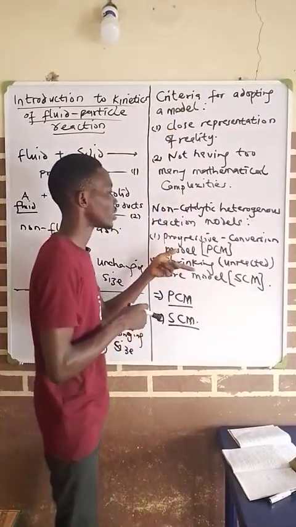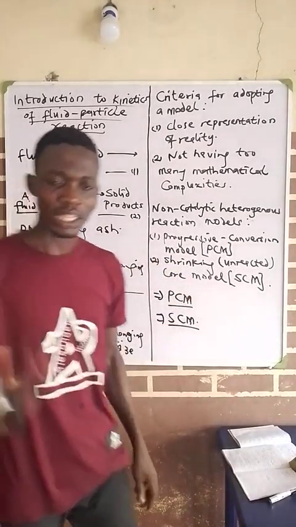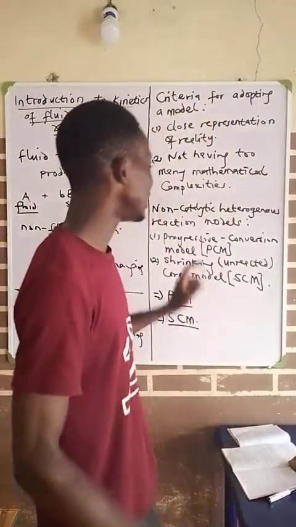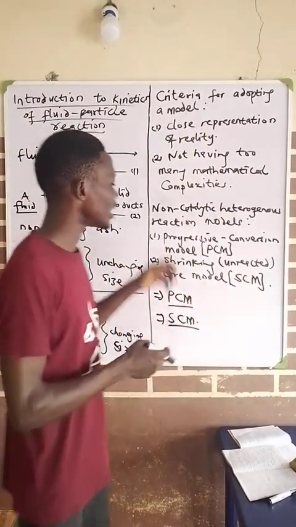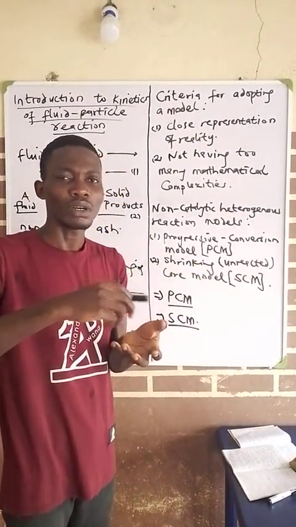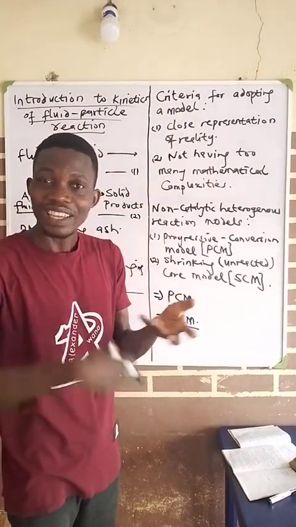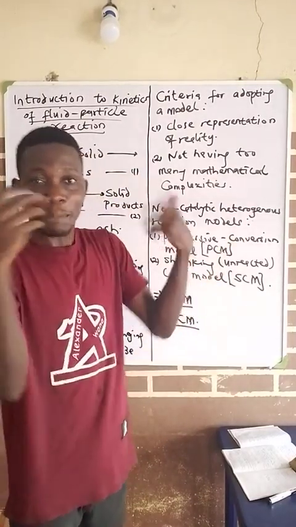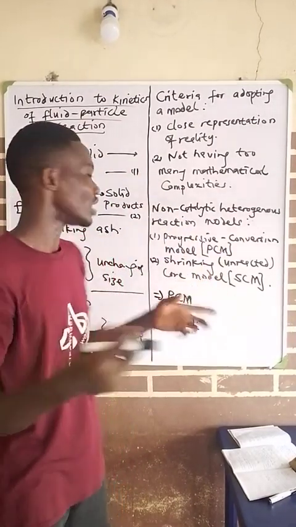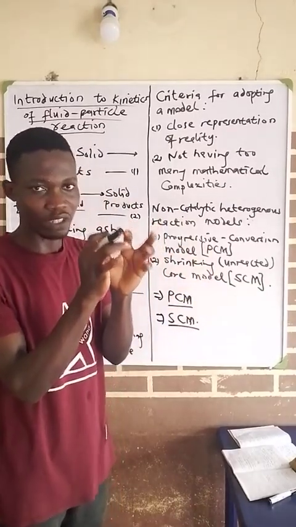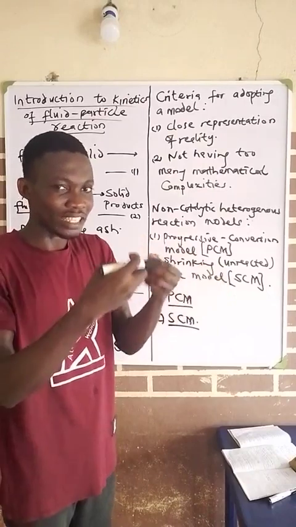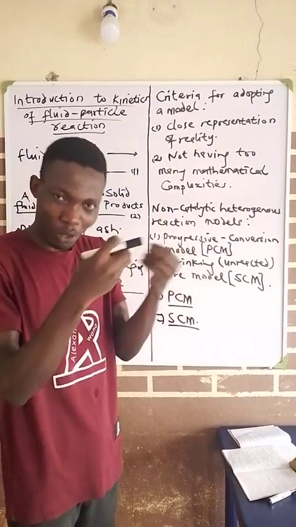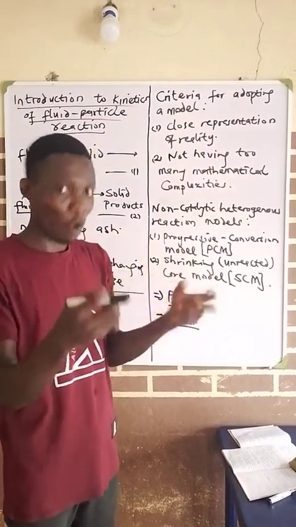How does shrinking unreacted core represent reality? In the burning of coal, you will notice that fire is a chemical reaction. The fire does not burn the inner portion of the coal at the same time. It starts from outside the coal, and as the flaking ash drops, it gets to consume more and more of the coal.